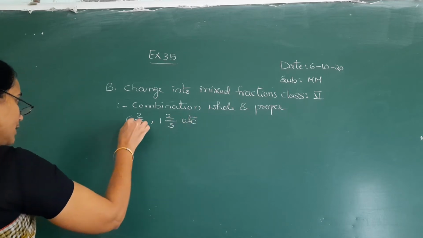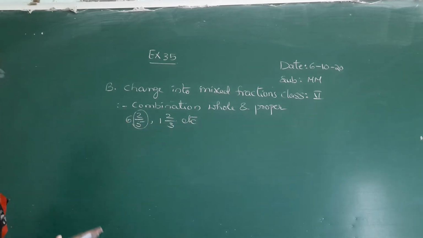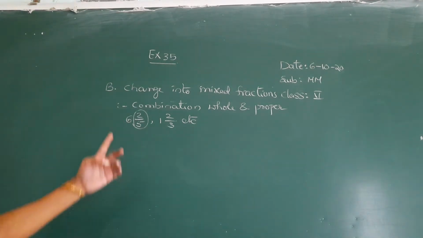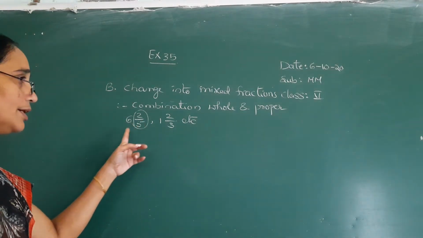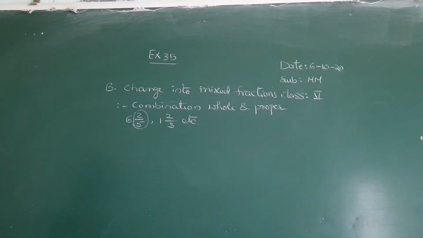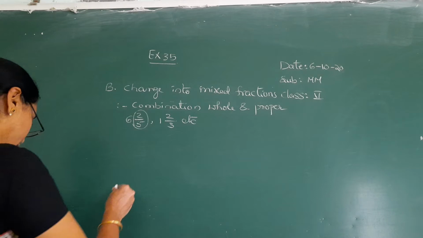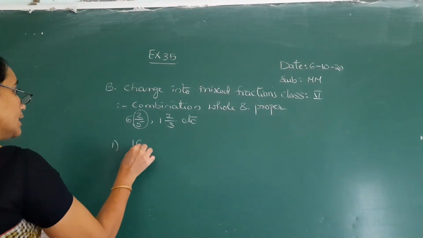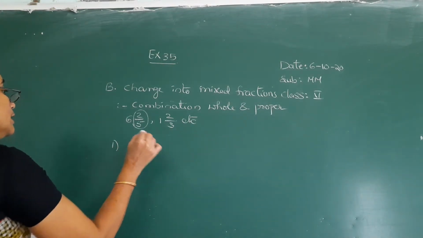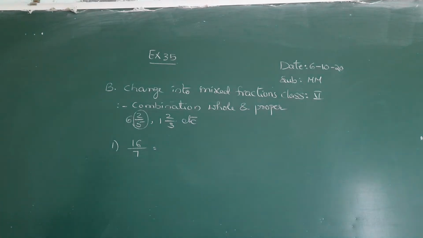Observe here, it is a proper fraction. Proper fraction means numerator less than the denominator, and 6 is a whole part. This mixed fraction consists of two parts: one is a whole part and another one is a proper part. How to convert improper fraction into mixed?